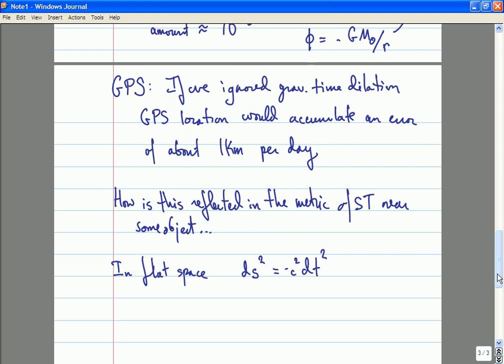And the proper time, tau, as measured by that observer, will be equal to minus 1 over c squared times ds squared, which, of course, is equal to dt squared.